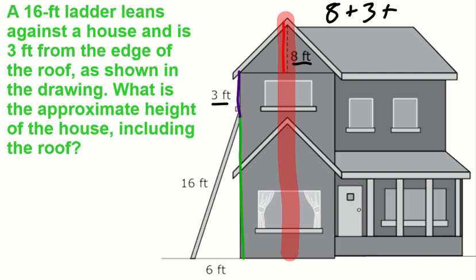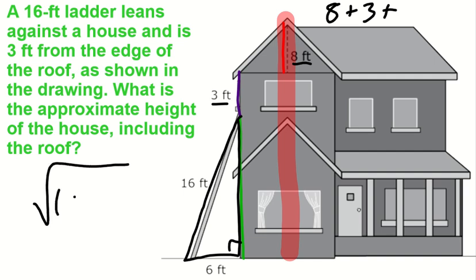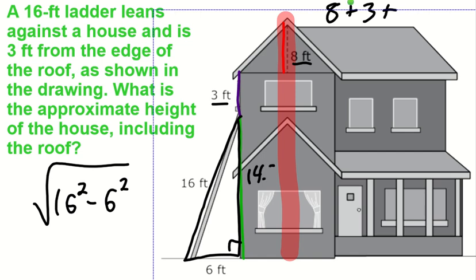So to get the green section, y'all, we got a right triangle there. The hypotenuse is the ladder. Ladder's our hypotenuse. Square root of 16 squared minus 6 squared. So that's 14.8.